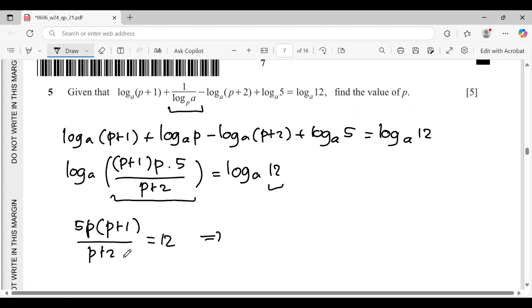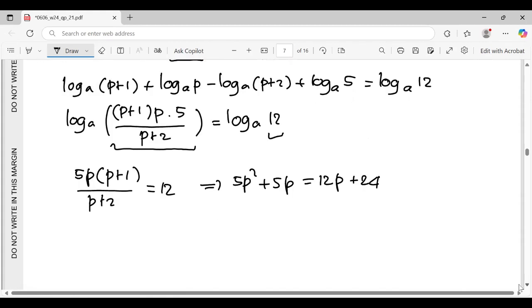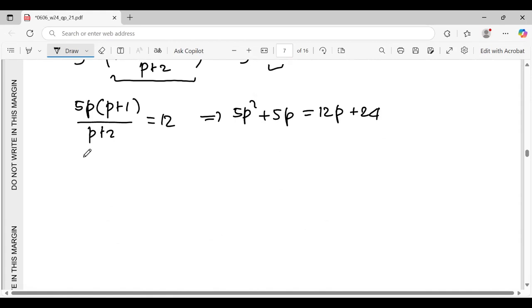So multiply the left-hand side and right-hand side by p plus 2, and it becomes 5p squared plus 5p equal 12p plus 24, like this. So it's going to be 5p squared minus 7p minus 24 equal 0.